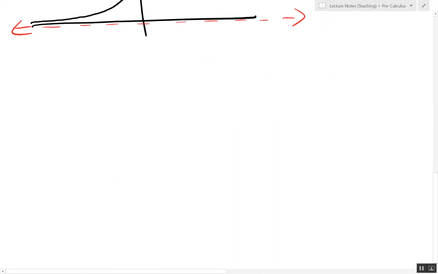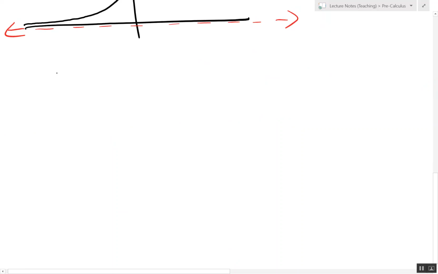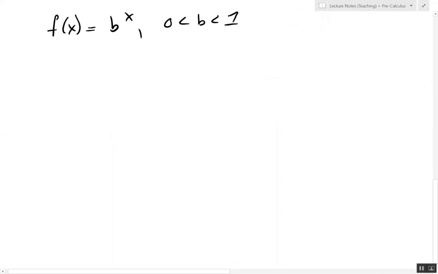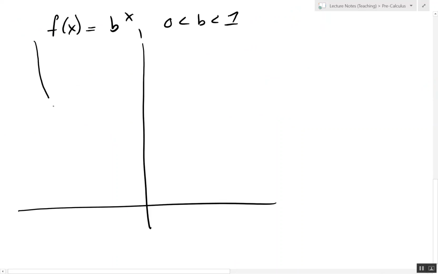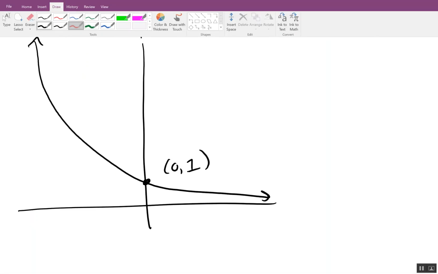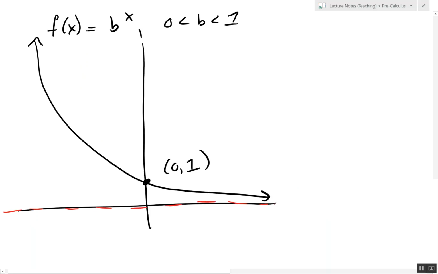So let's talk about now what happens when b is between 0 and 1. If we look at f of x equals b to the x, when b is between 0 and 1, we just basically get the graph I just drew. We get something that looks like this. It goes through 0, 1, has an asymptote on the x-axis, and it has end behaviors.